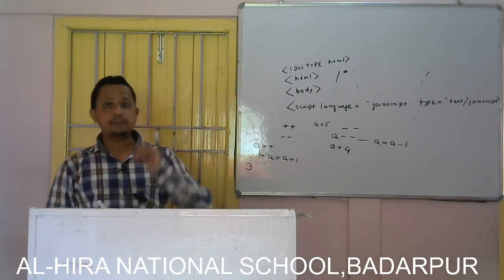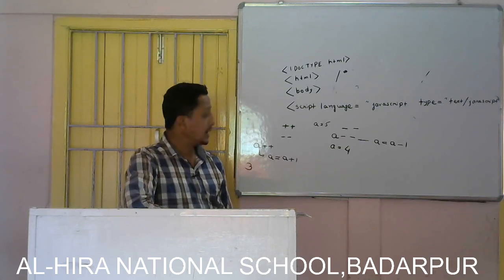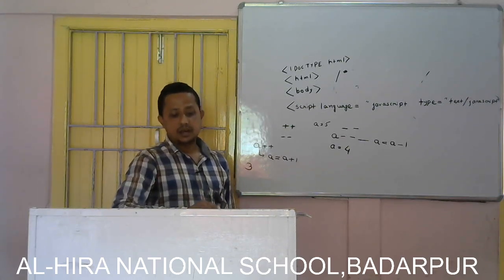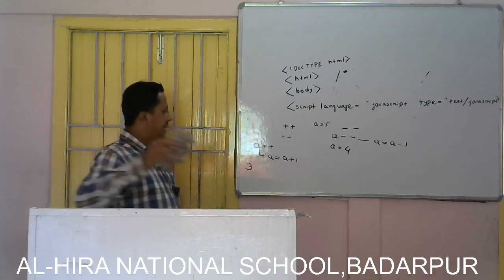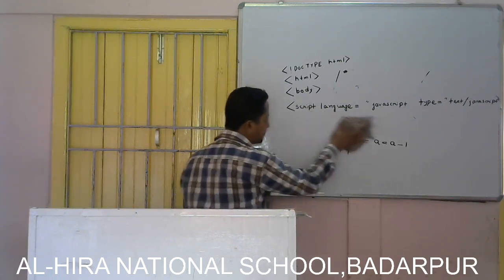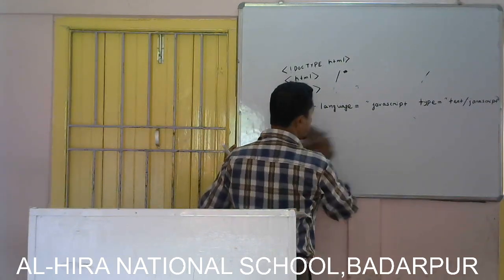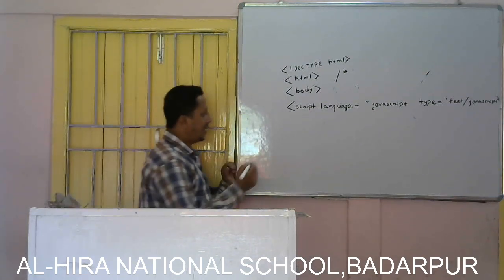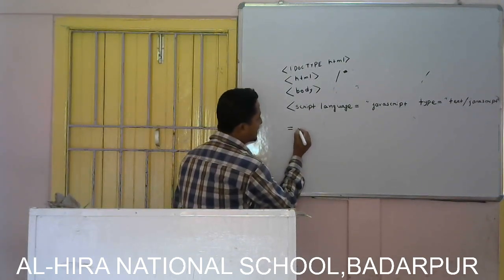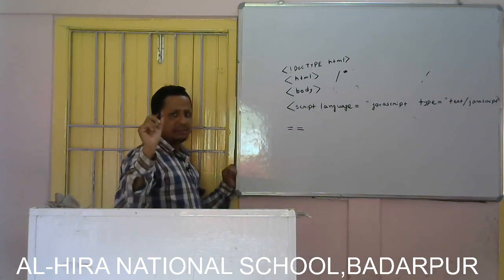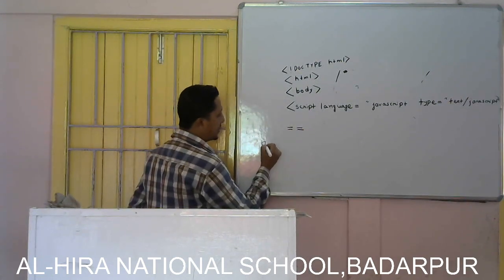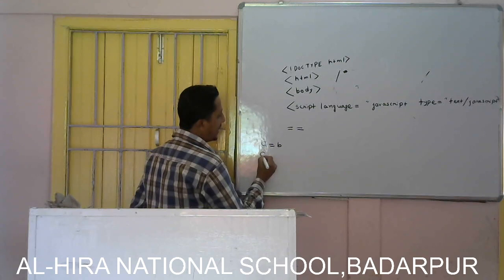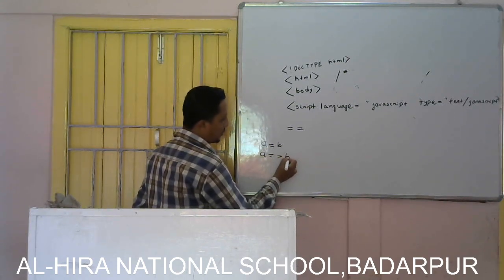Then we have the comparison operators. There are around 6 comparison operators in JavaScript. First is double equal to. Now I am just giving an example. What is the meaning of A is equal to B and A double equal to B?